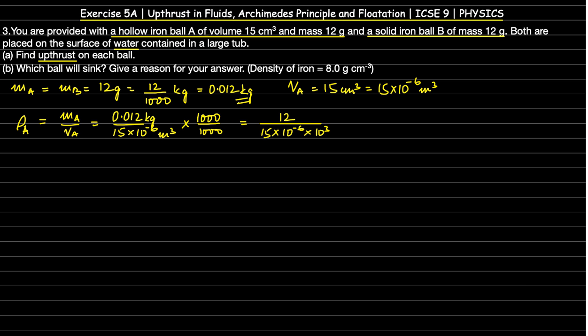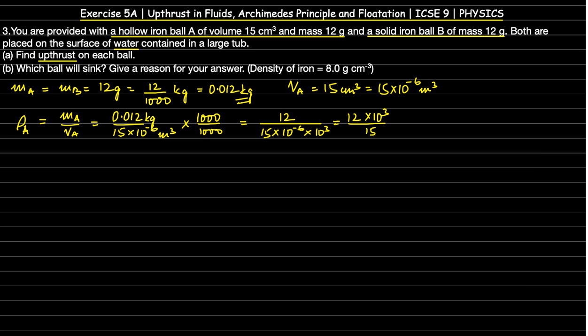So we get this as 12, 10 to the power of minus 6 plus 3 gives us minus 3, and minus 3 goes to the numerator. So we get it as 12 into 10 to the power of plus 3 divided by 15.